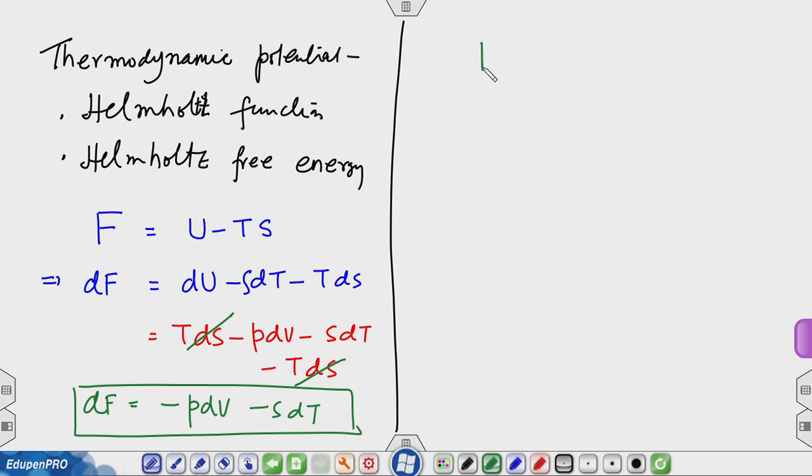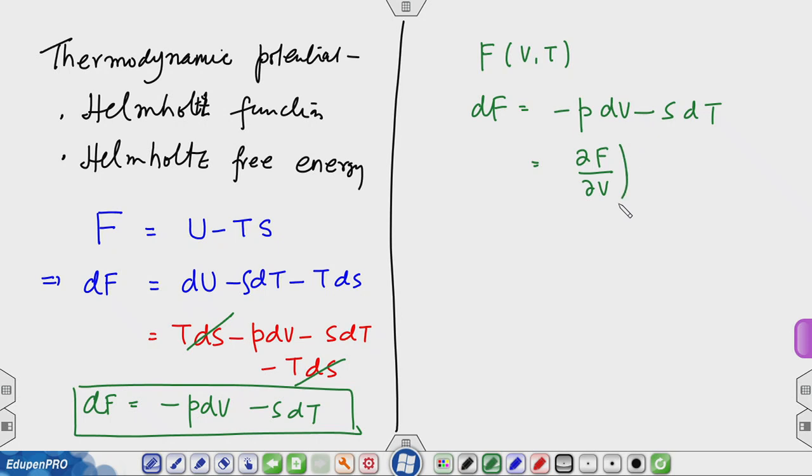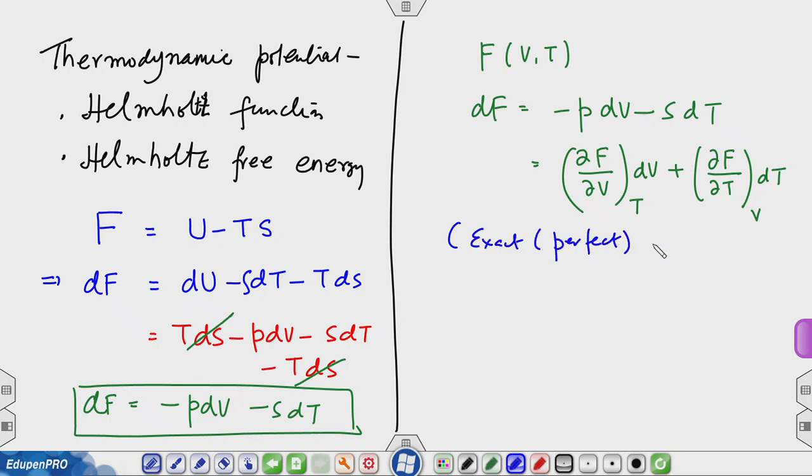So, Helmholtz free energy F can be thought of as a function of V and T, and dF, which is an exact or perfect differential, is equal to minus P dV minus S dT. This is also equal to partial of F with respect to partial V at constant temperature dV plus partial derivative of F with respect to T at constant volume dT. And again, I remind you, this is an exact or a perfect differential.